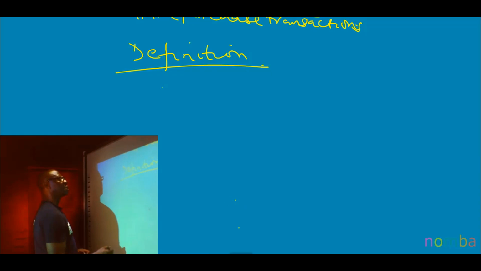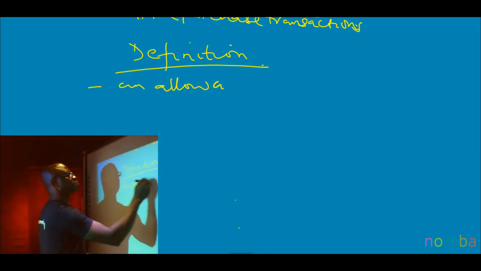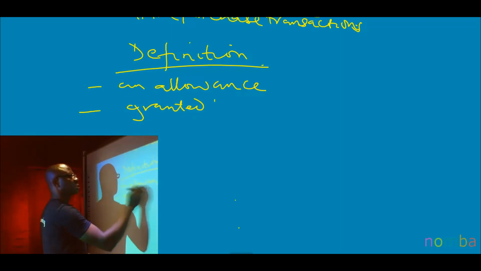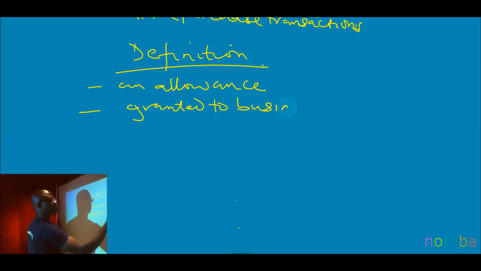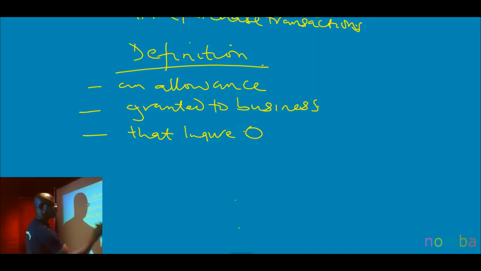It incurs qualifying capital expenditure in deriving its income. Key point there: it is an allowance, and it's usually granted to businesses. Why? That incur QCE, qualifying capital expenditure, in deriving its income.